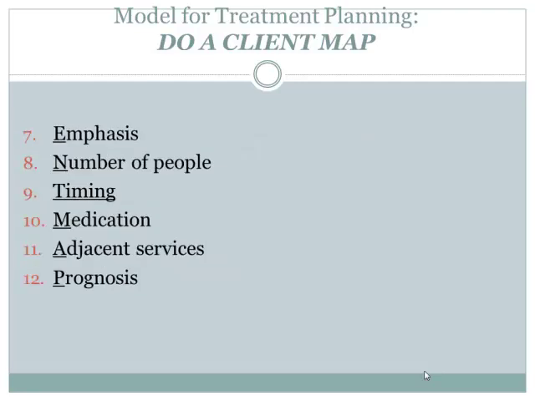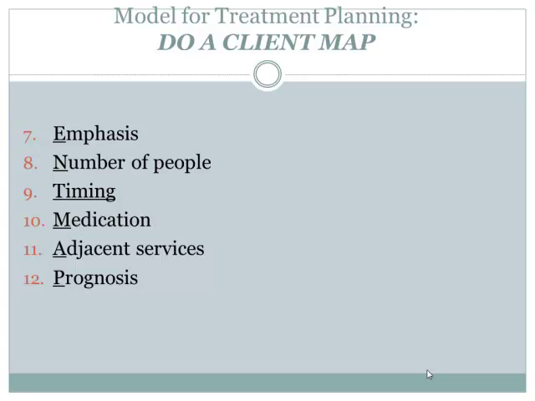So moving further in the DO A CLIENT MAP, number 7, or the E in the acronym, has to do with emphasis. With regard to emphasis, once the counselor has identified the goals of the treatment process, in essence you're saying that with these goals, we will emphasize the focus on particular issues.